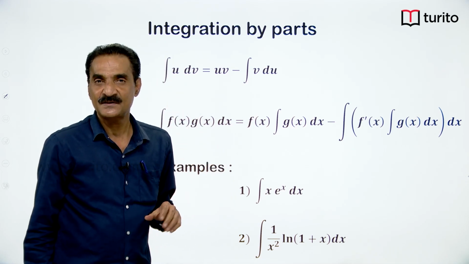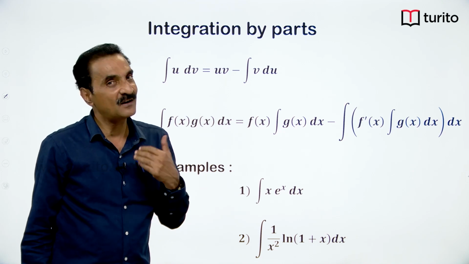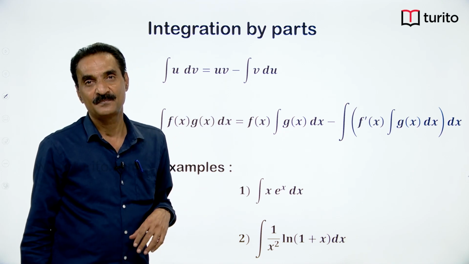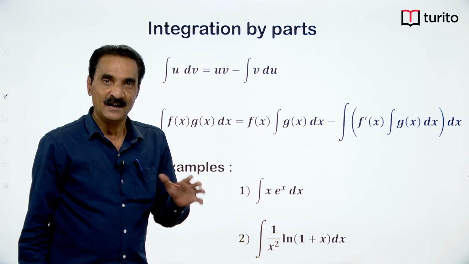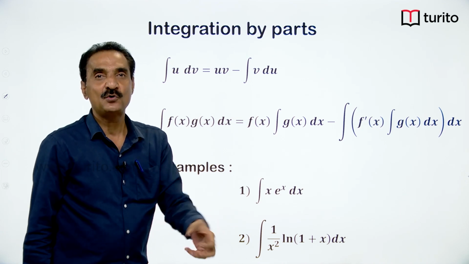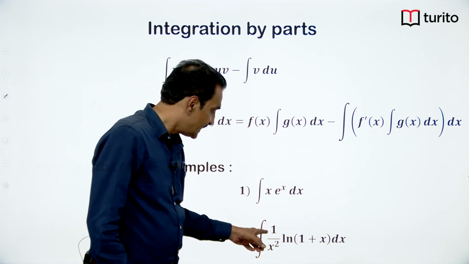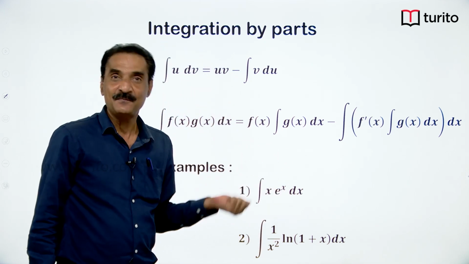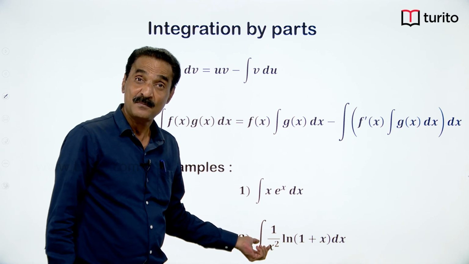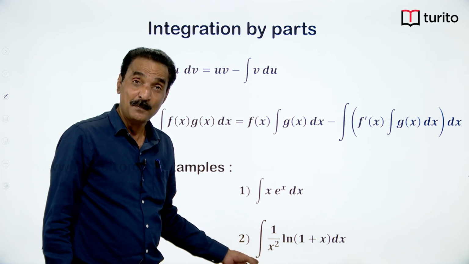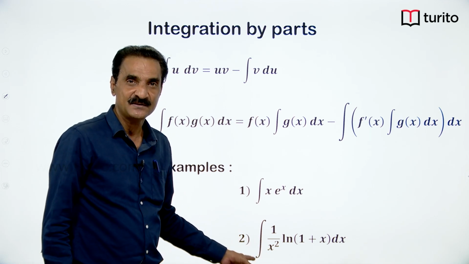So, ln 1 plus x is not integrable. So, we cannot take it as second function. Not integrable means as of now there is no direct formula for integral of ln 1 plus x. So, we select 1 by x square as second function, because its integral is minus 1 by x, and also the power of x decreases.